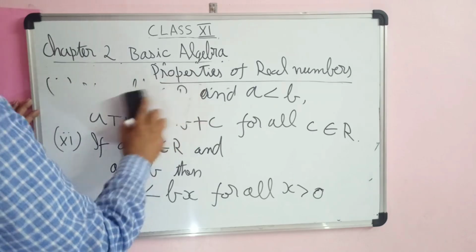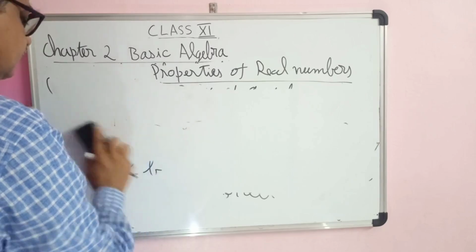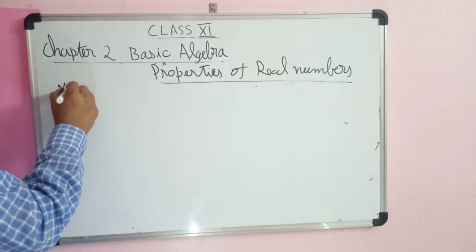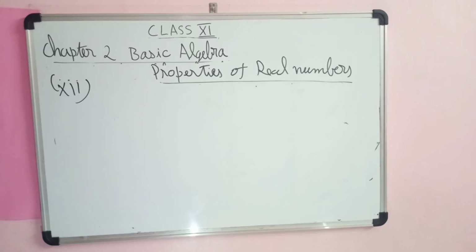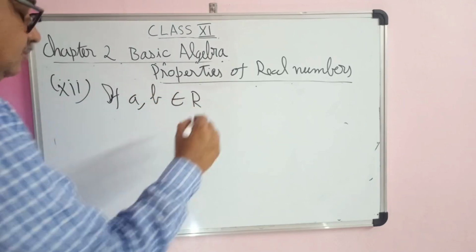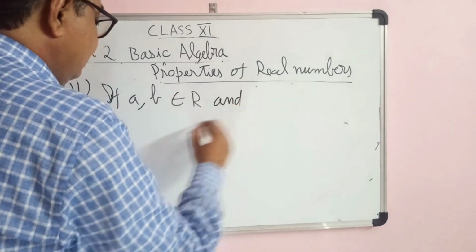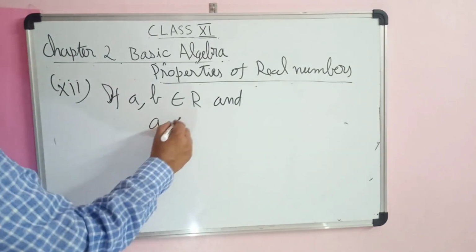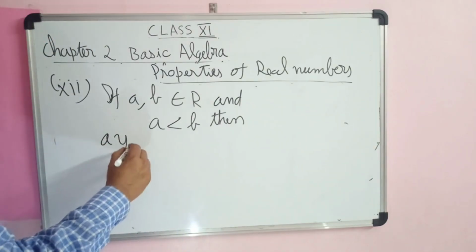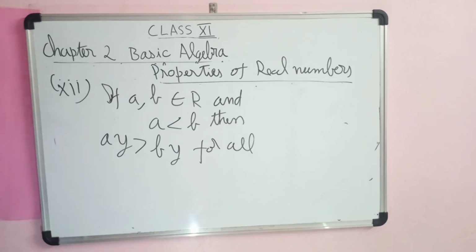Then property 12. If A, B belong to real numbers and A less than B, then AY greater than BY for all Y less than 0.